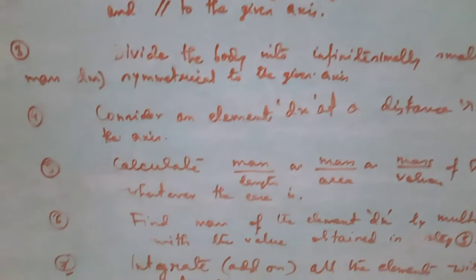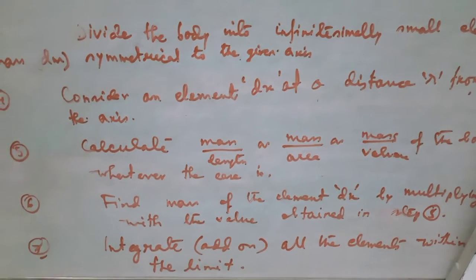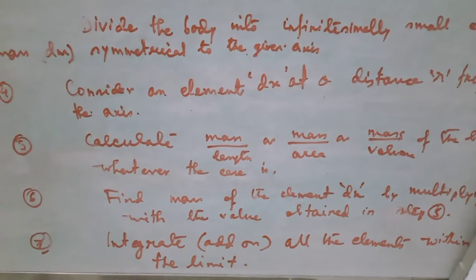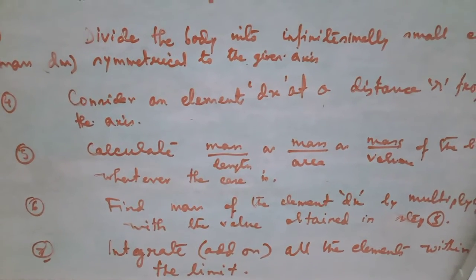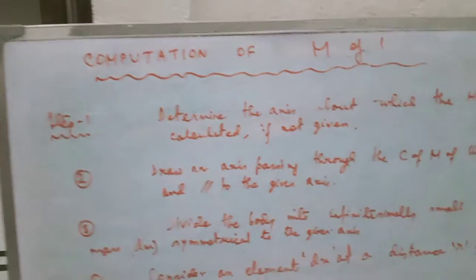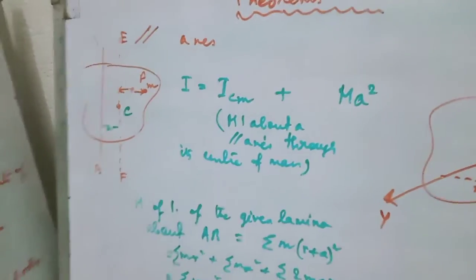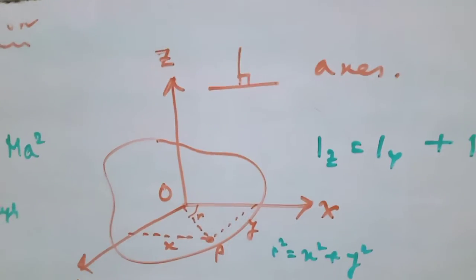Then finally add all the elements dx within the given limit. You have to integrate it. Very often you have to integrate it. And while drawing the axis, you may take the help of the theorem on parallel axis and the theorem on perpendicular axis.